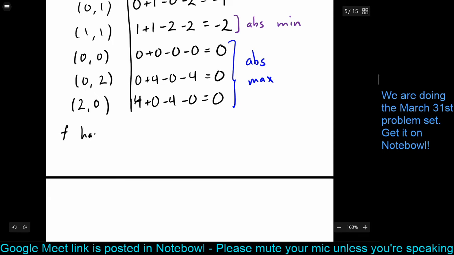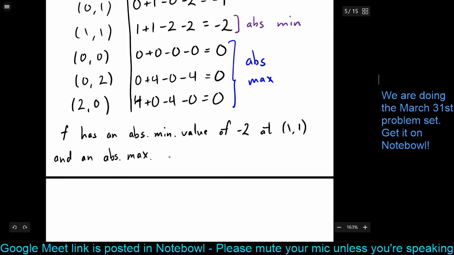F has an absolute min value of negative 2 at 1, 1, and an absolute max value of 0 at 0, 0, 0, 2, 2, 0.